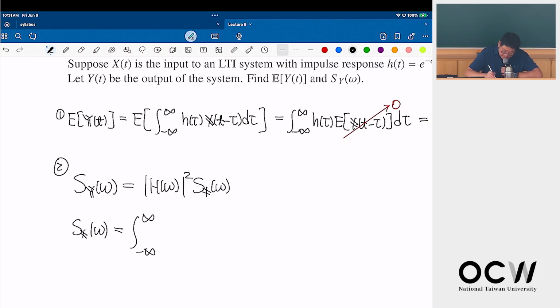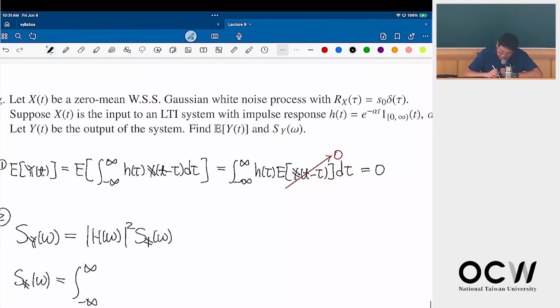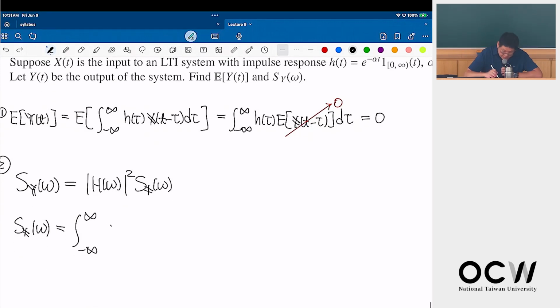We have the autocorrelation of X. So here we have S naught delta function e to the minus j omega tau d tau. And since it is the delta function, only when tau equals 0 do I have 1, so it's S naught.